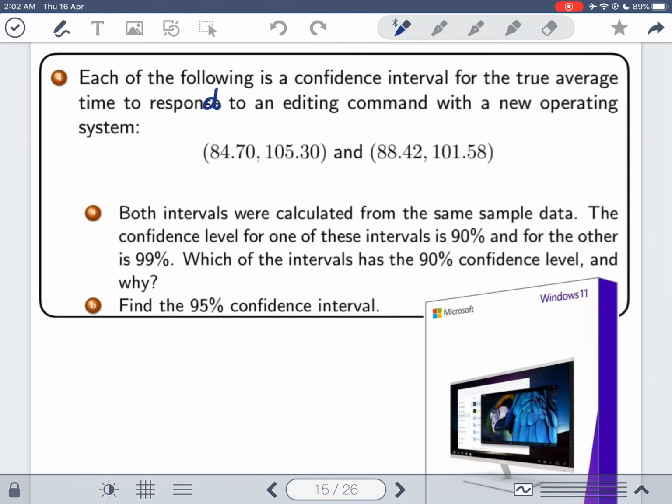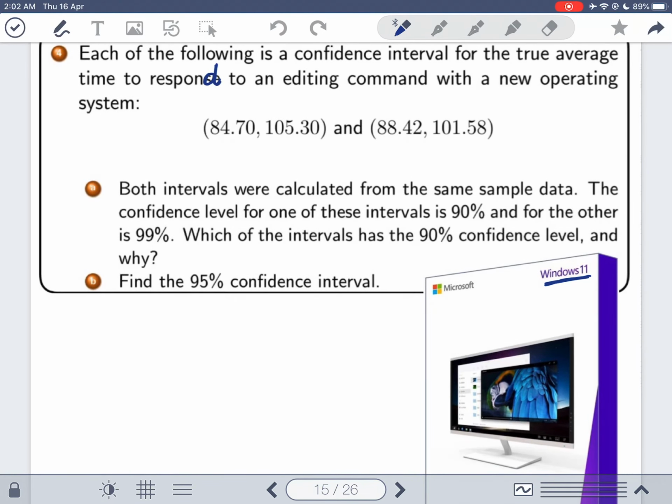Think of the operating system, maybe Windows 11, that is coming soon, and they gave you here 2 confidence intervals. Okay, good. So what is the question about these 2 confidence intervals? It says in part A, both intervals were calculated from the same sample data. Good. So the confidence level for one of these intervals is 90% and the other is 99%. Okay. And then which of the intervals has the 90% confidence level and why?